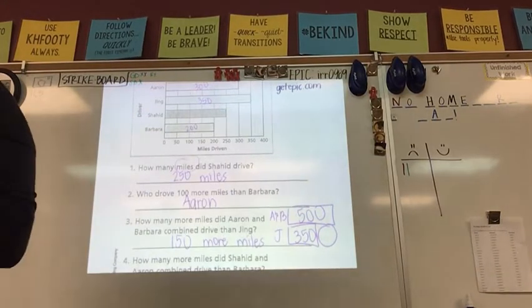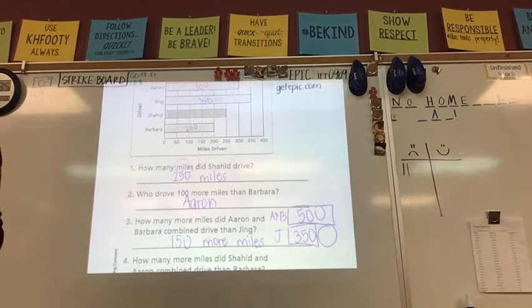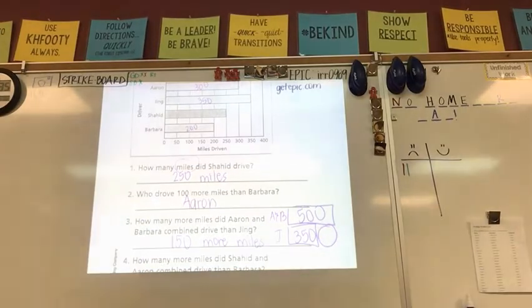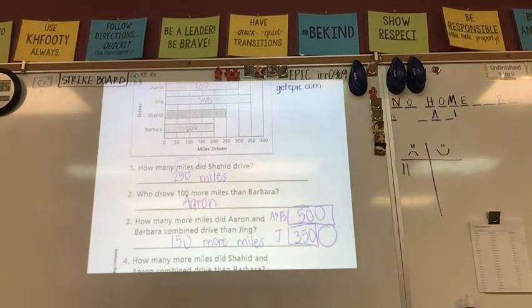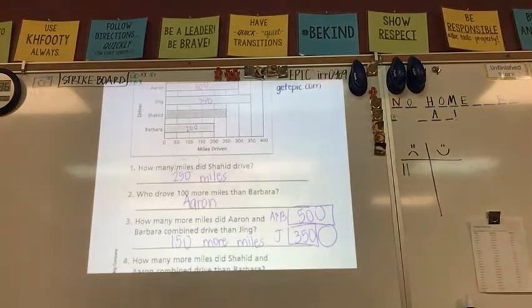How many more miles did Shahid and Aaron combined drive than Barbara? So now you have to put Shahid and Aaron's amounts together and compare that to Barbara's. When you have that one, you can put your hand on your head. Oh, I have some speedy mathematicians. Take your time, though.